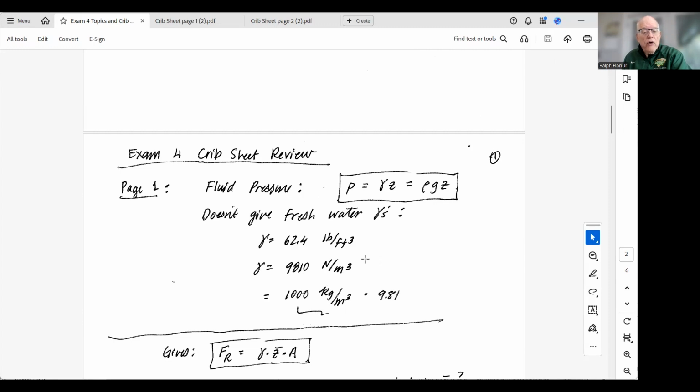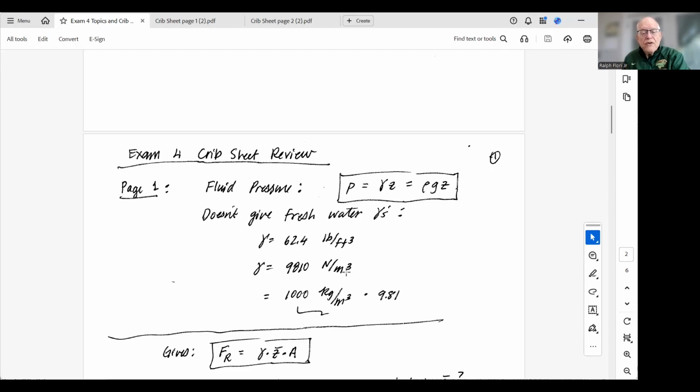If you're dealing with an oil, the gamma will be less than these, maybe 56 or 55 pounds per cubic foot, 800 newtons per cubic meter. If we're dealing with a weighted fluid, like a drilling fluid, the gamma might be 65 or 68 or 70 pounds per cubic foot, or 1,100 to 1,200 newtons per cubic meter.